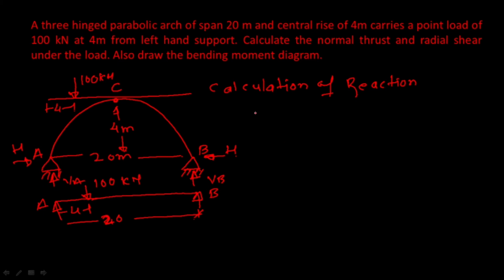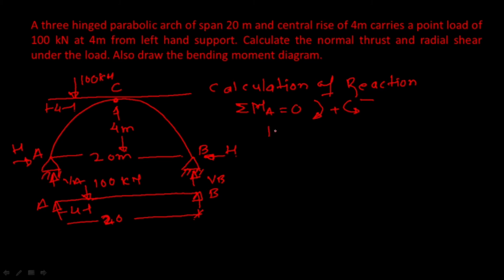Now we take sigma MA equal to 0. Here 100 into 4 is clockwise. We are considering clockwise as positive and anti-clockwise as negative.